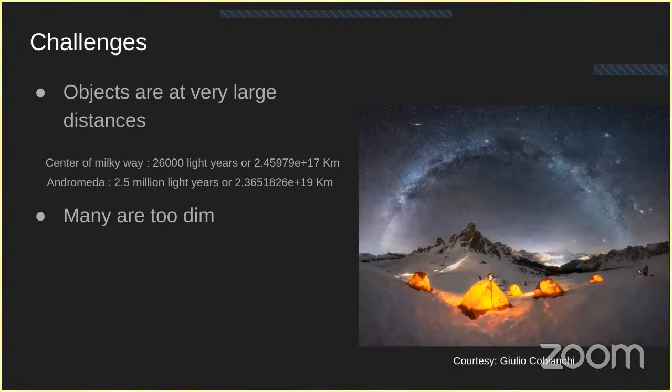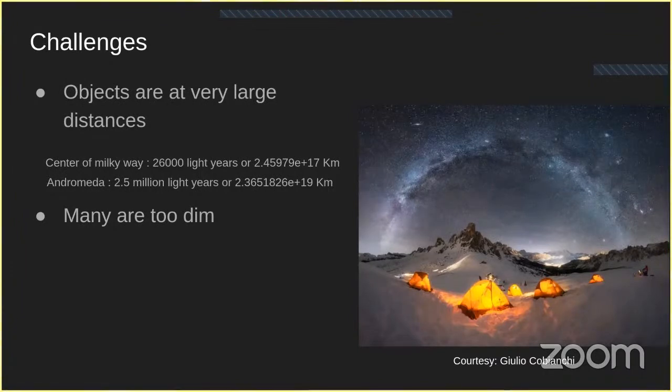The second difficulty comes because of the distance itself. Let's take an example of a star. A star radiates energy, and it radiates in all directions equally. So as the distance from the star increases, the total flux that you observe from Earth is a very small fraction of the luminosity that the star actually emitted.